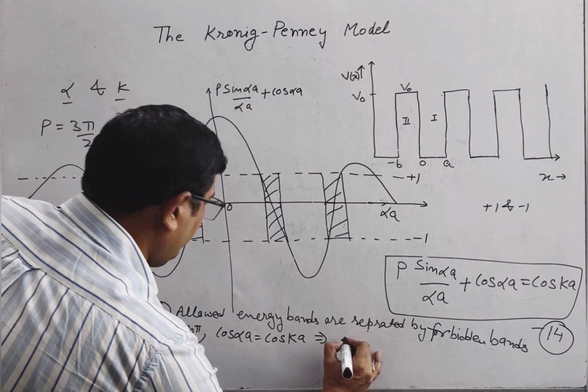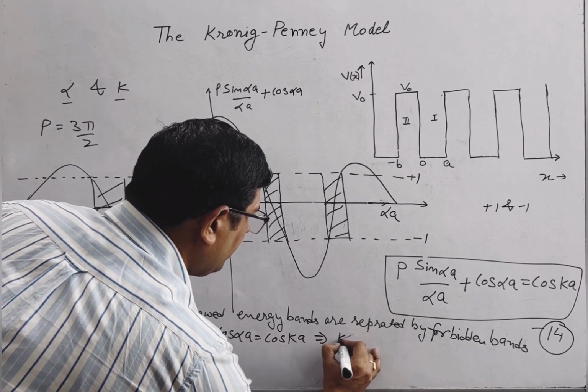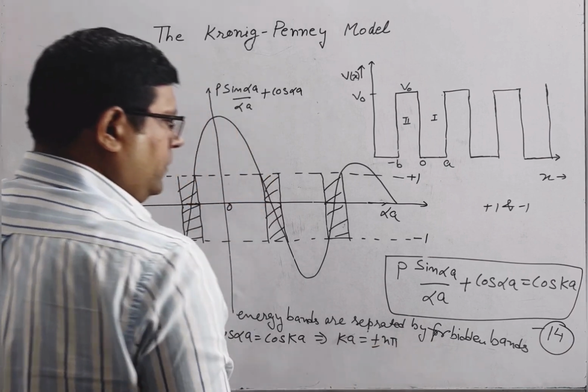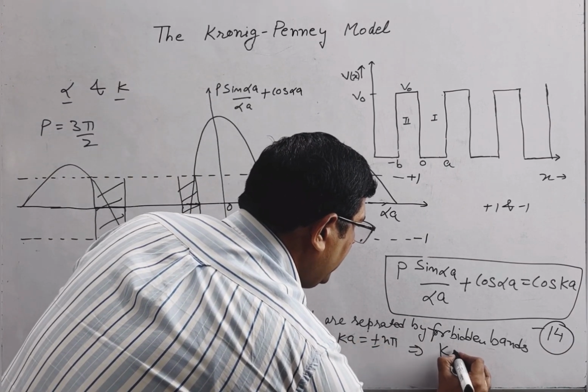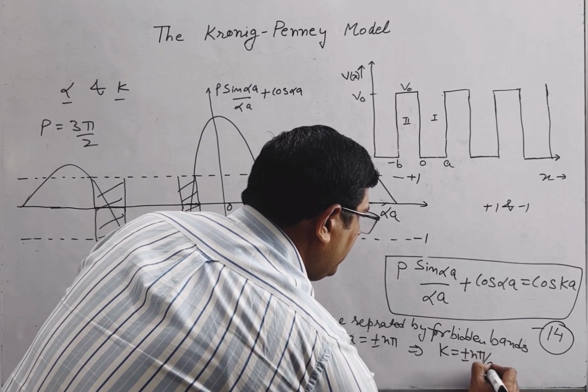It means ka should be equal to plus minus n pi, and from here k equal to plus minus n pi by a.